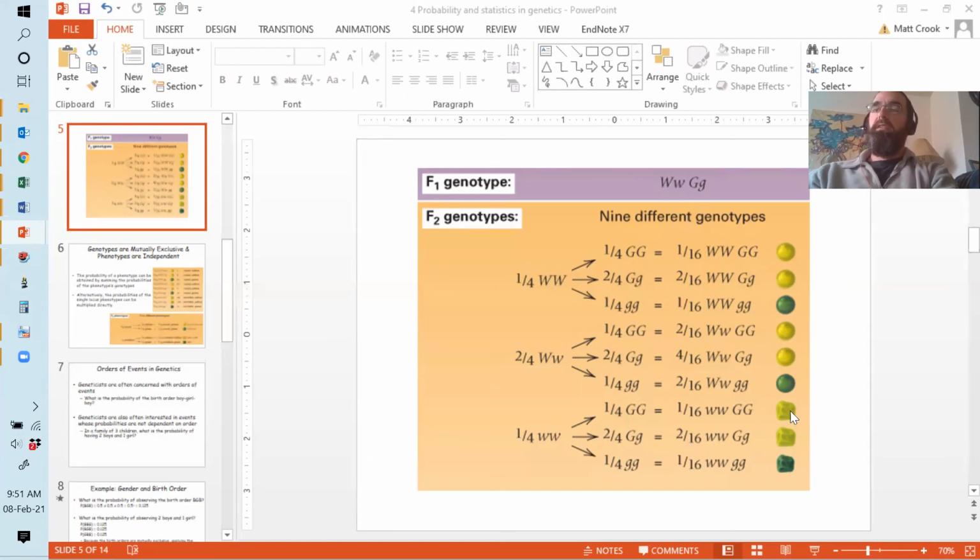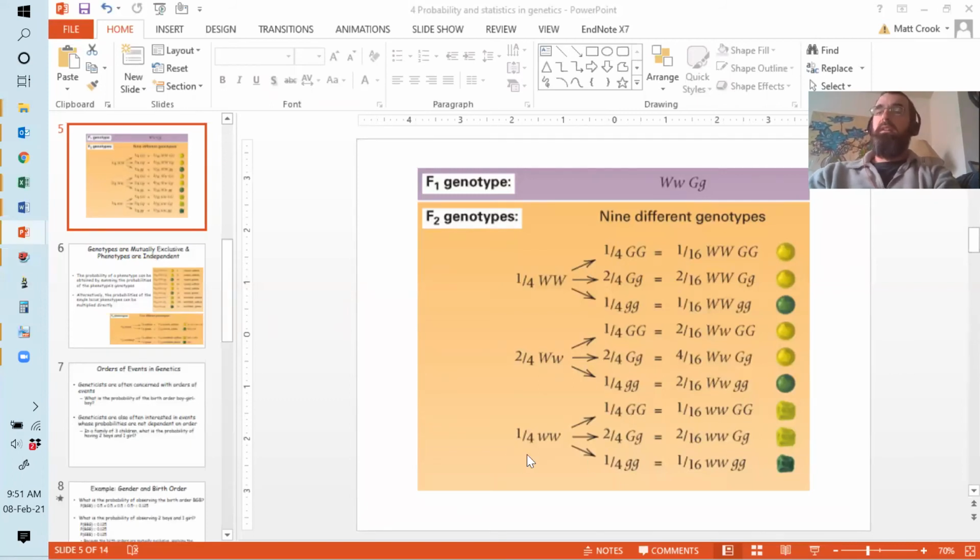But these different combinations are exclusive of each other, right? So you can either be this one or this one. And so the probability of being wrinkled and yellow is this plus this, right? Because they're exclusive, right?